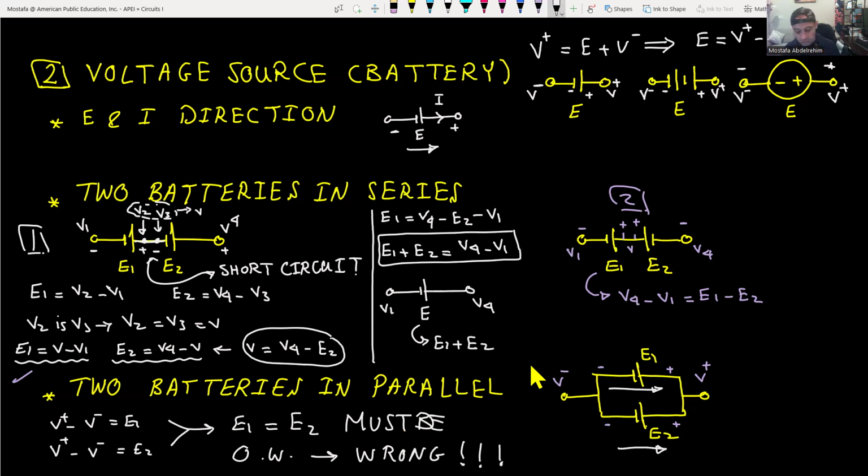Okay? But why might someone do that? Because he wants more current. So when we connect them in series, like this case here, back to back, we get more voltage. If you did this, with E1 equal to E2, that means you can double the current.